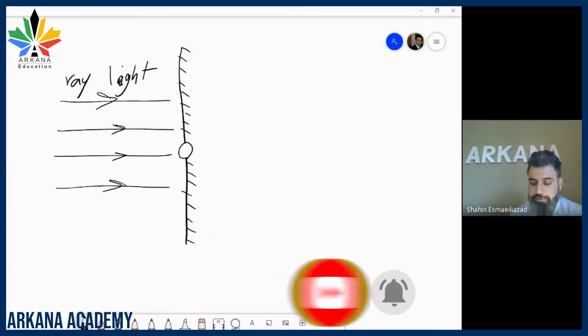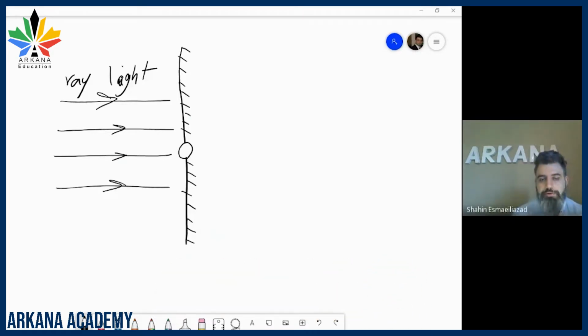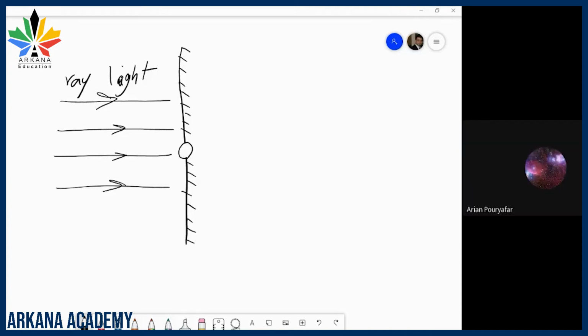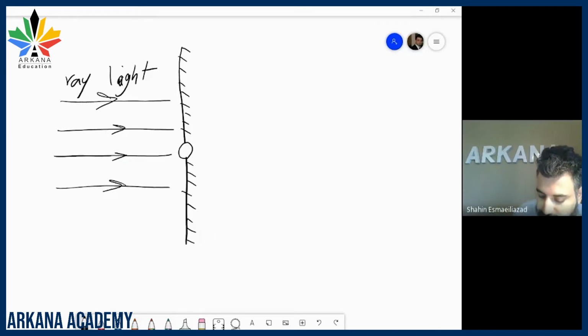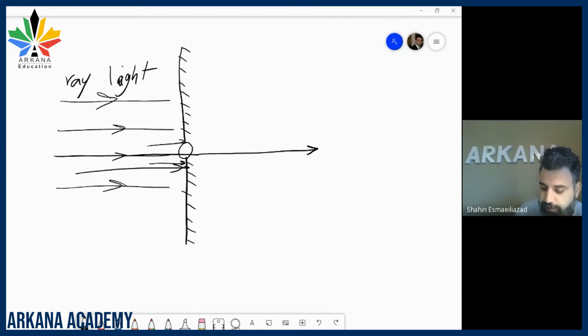Now, prior to this experiment, people thought that light travels in a straight line. So what is expected to happen is that one light ray should come here, and the other ones get trapped and they cannot pass through.